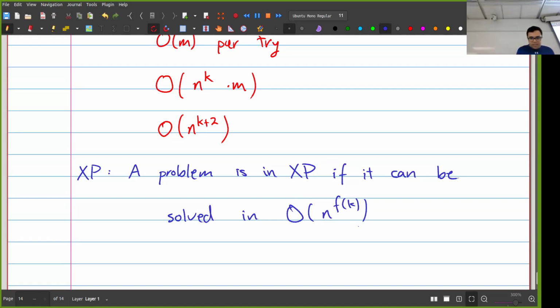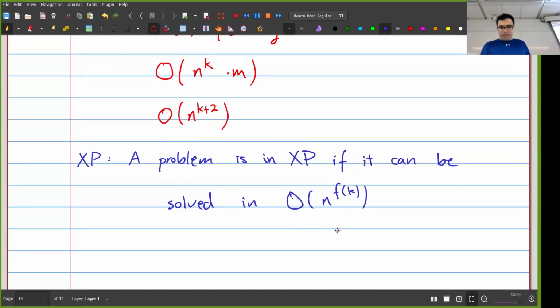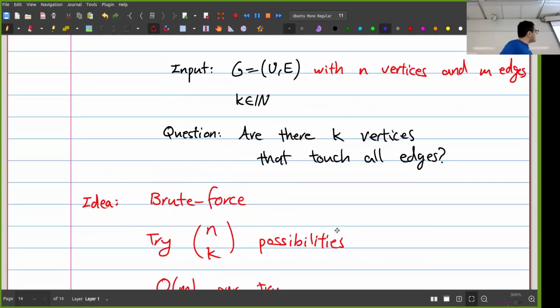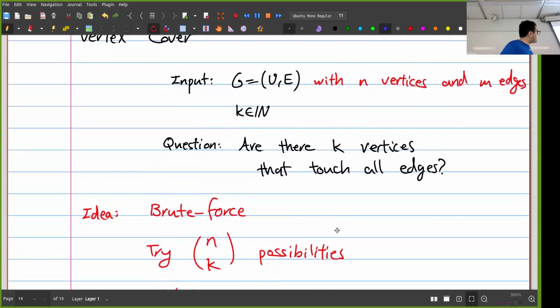Because I know that k is at most 5, f of k is also going to be bounded by some constant. So n to the power of f of k is going to be polynomial for all practical purposes. Okay, not in theory, but at least for all practical purposes. But this is not good. Let's say that I want to solve this vertex cover problem.